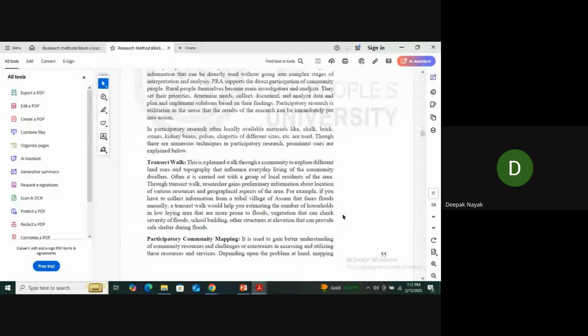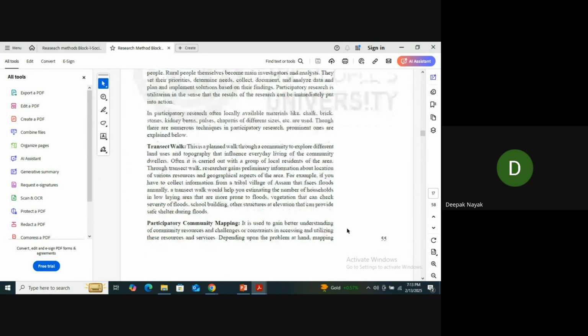There are certain skills used in participatory rural appraisal. A person from the community itself is selected by the people to draw a resource map of the community, and that is called resource mapping or participatory community mapping.